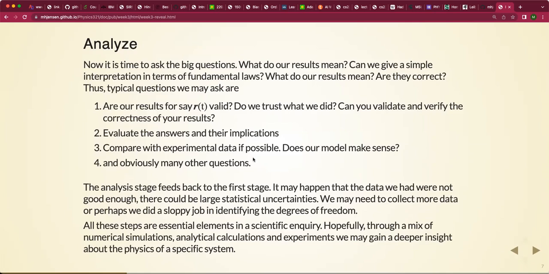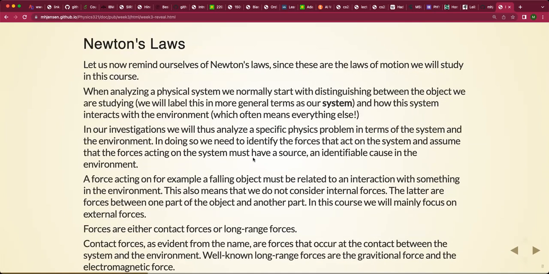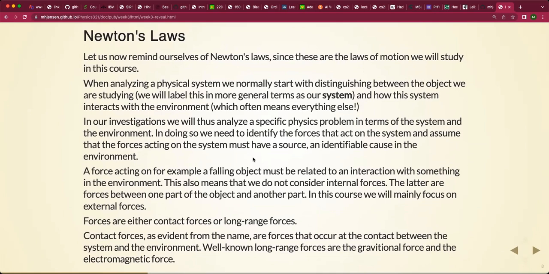So the next steps, which we just need to remind ourselves a little bit about, is Newton's law. So I'm just leaving this here. But I'm going to repeat some of these things. When we are going to analyze a system, we need to analyze whether we have long-range forces or contact forces. So these are the typical forces which we will distinguish between. So the forces are either going to be long-range or of the type of contact forces.